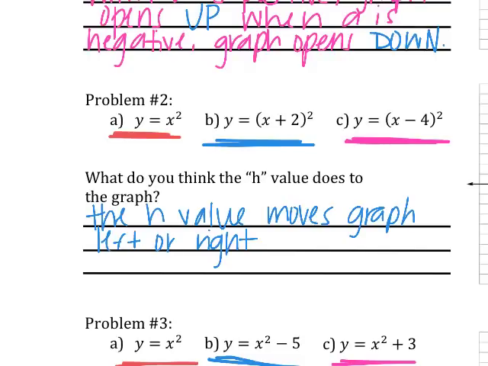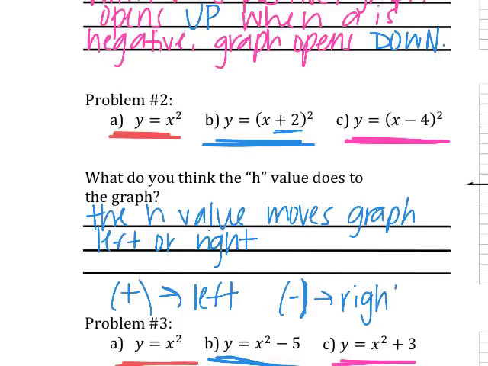All right, so if our H value is positive, is it going to move left or right? Good, it's going to move left. So it's just like in our exponential, it's kind of opposite of what you think. Okay, so if that H value is positive, so right here it says +2, it's going to move left. All right, which means that if it is negative, it is going to move right. Okay, so once again, opposite of what you think.